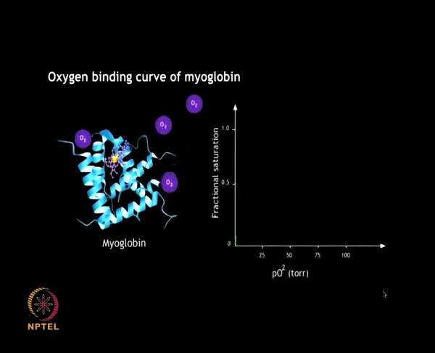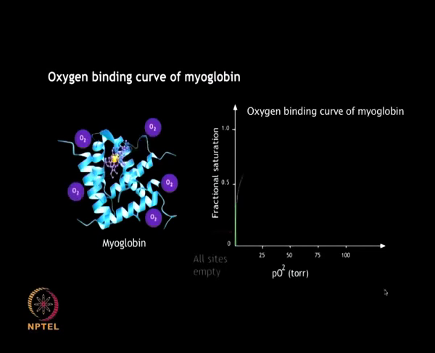Myoglobin binds strongly to oxygen and acts as an oxygen storage protein rather than a transporter. It shows 50% saturation at a pressure as low as 2 torr and gets saturated even under the low oxygen pressure conditions that prevail in the muscle.